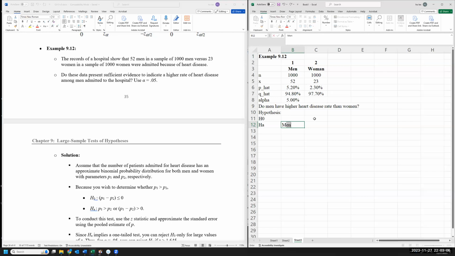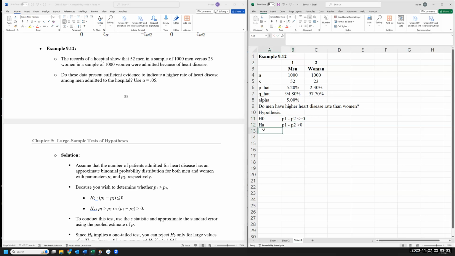So likely the alternative is P1 minus P2 is greater than 0. Strictly higher. While the null is P1 minus P2 is less than or equal to 0.